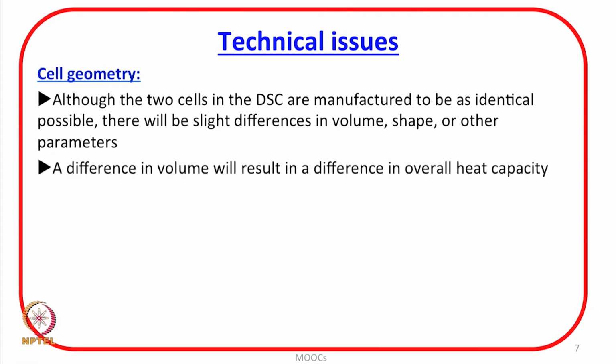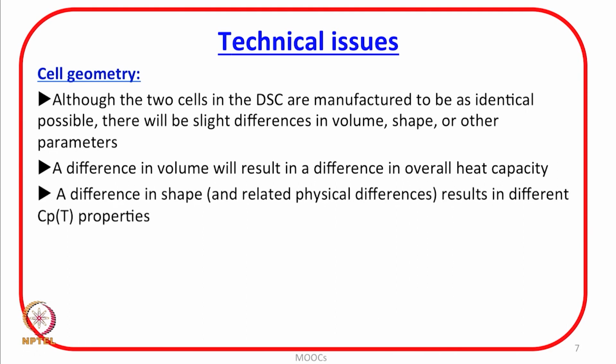Moreover, if there is a difference in volume, that is definitely going to result in a difference in overall heat capacity. Similarly, as I was talking about geometry, a difference in shape and of course unrelated physical differences will also result in different heat capacity versus temperature properties.